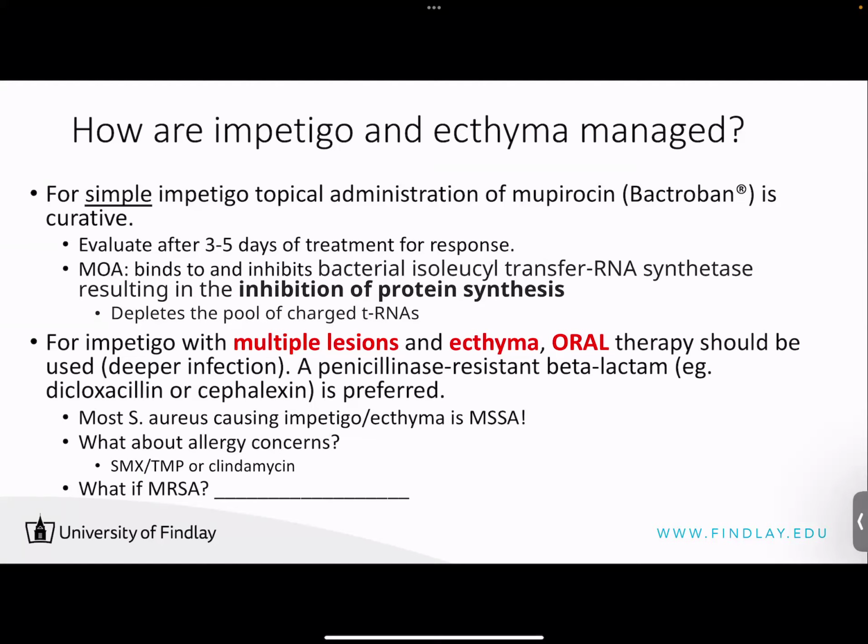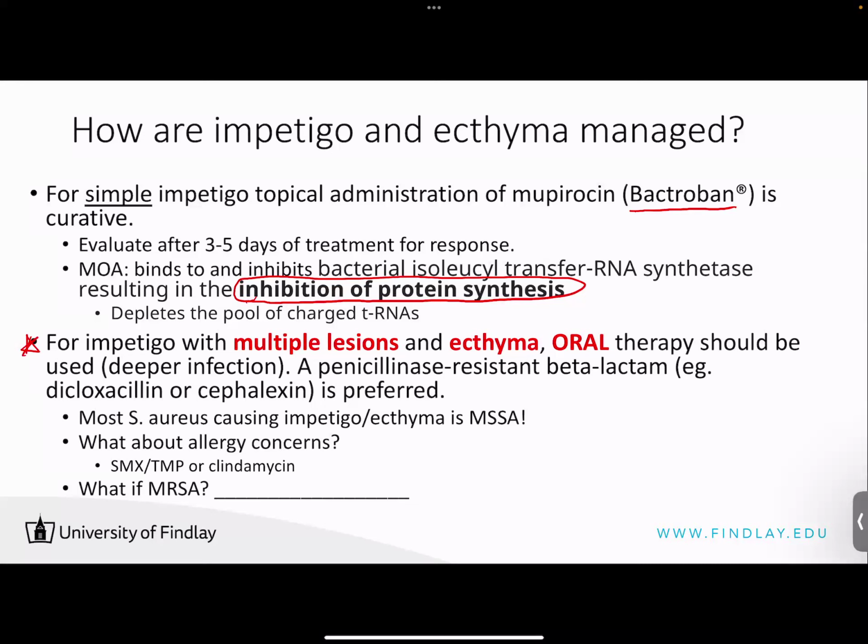Okay. Just a little bit about Bactroban or mupirocin. Bottom line, what I want you to know is that it does inhibit protein synthesis. It depletes the bacterial cell of charged transfer RNA amino acids, thereby inhibiting the bacterial cell's ability to synthesize proteins. Okay, it's a protein synthesis inhibitor.